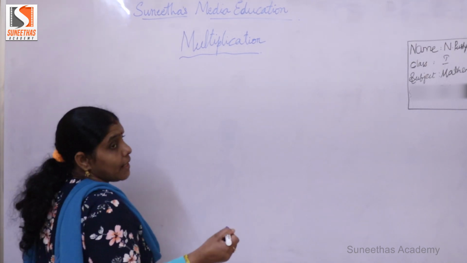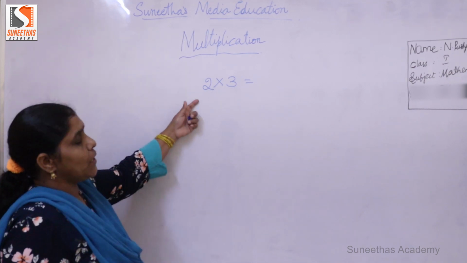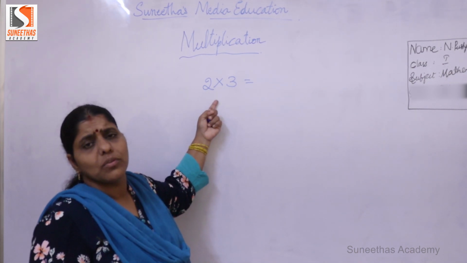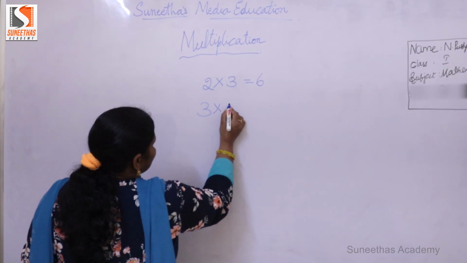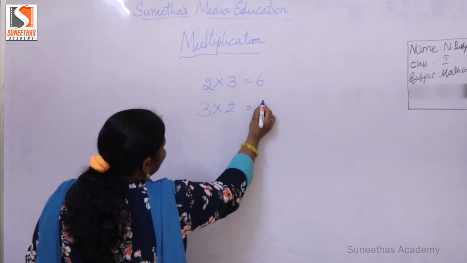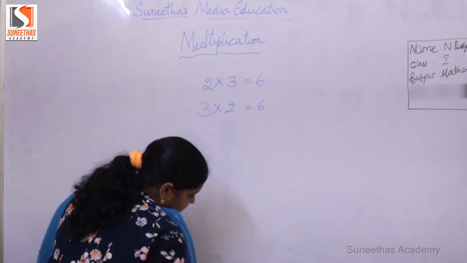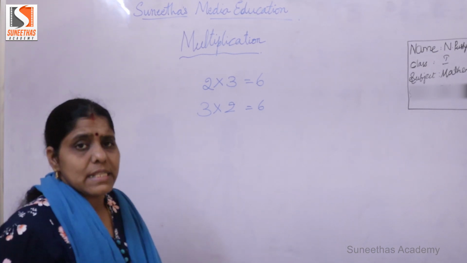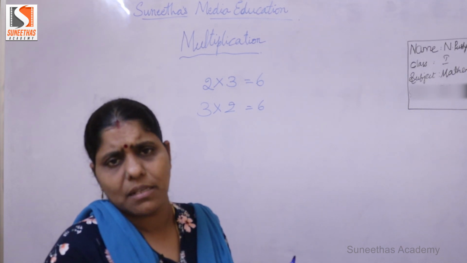Children, here 2 into 3. 2 times 2. How many times? 3 times. It is also 6. In the same way, in addition 2 plus 5 and 5 plus 2, you can reverse the numbers.